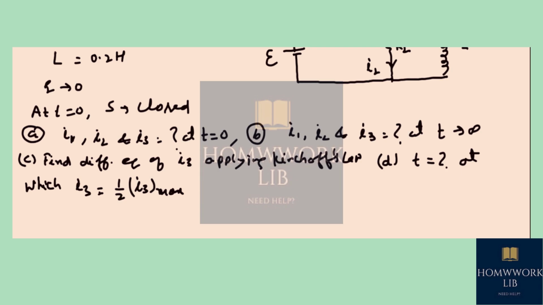In part E, we have to find I1 and I2 when I3 is equal to I3 max by 2. Let us start with part A.